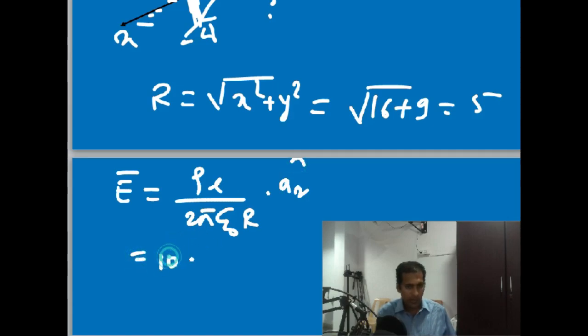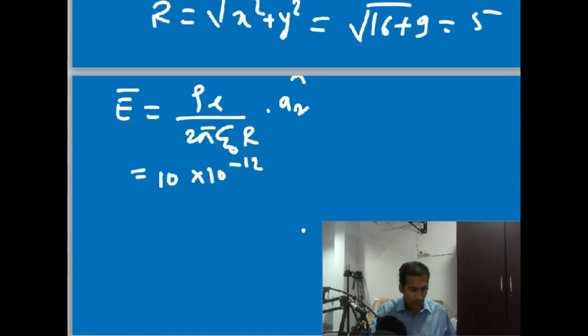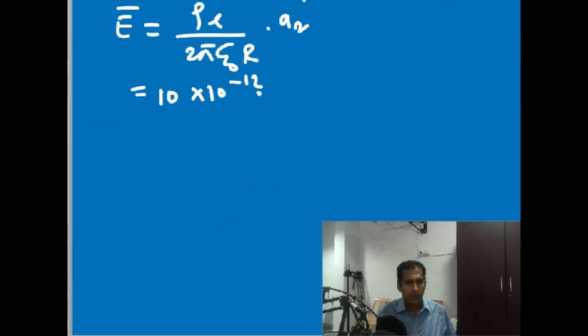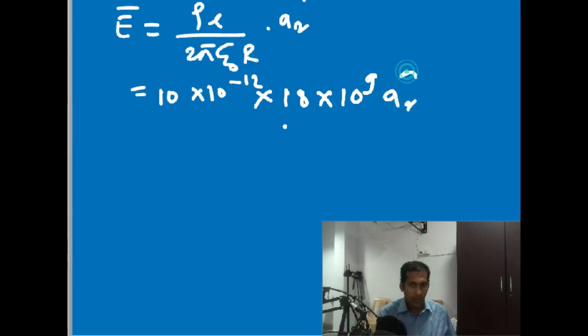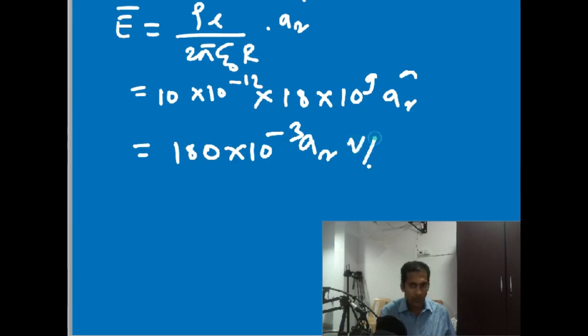By keeping the values, we can say 10 into 10 to the power minus 12 into 18 into 10 to the power 9 AR cap.